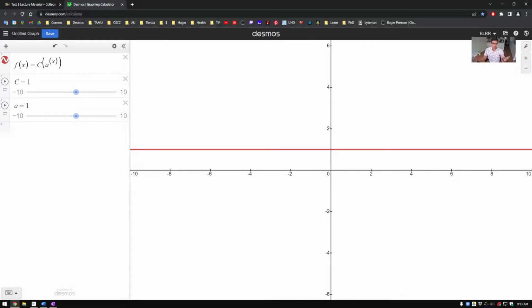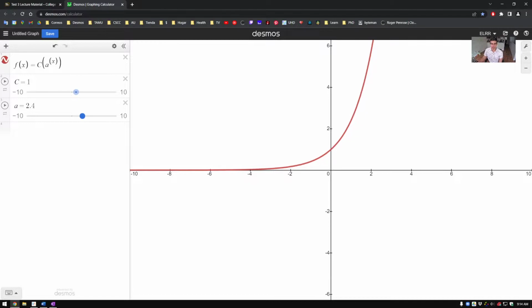If A is equal to 1, we do not have an exponential function, because A needs to be positive and different than 1. So let's see what happens if we increase the value of A. So you are seeing the shape of an exponential function. So this is an exponential behavior.